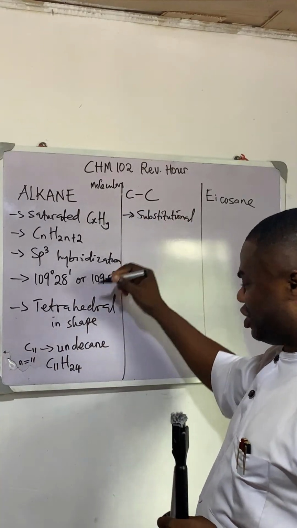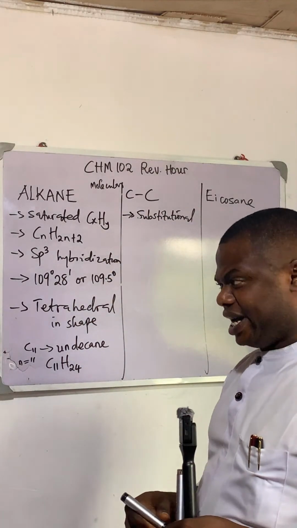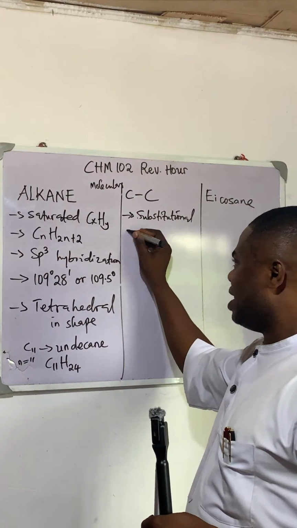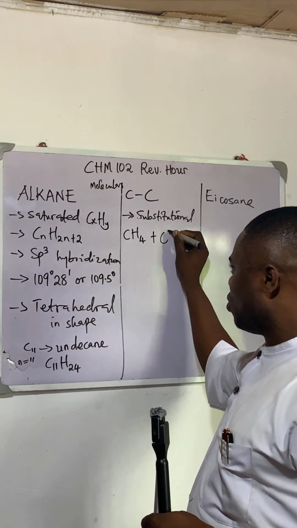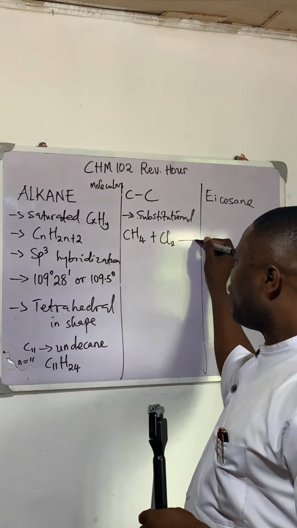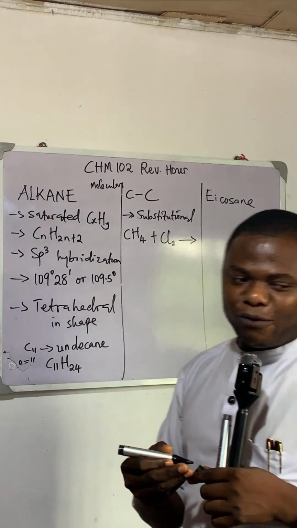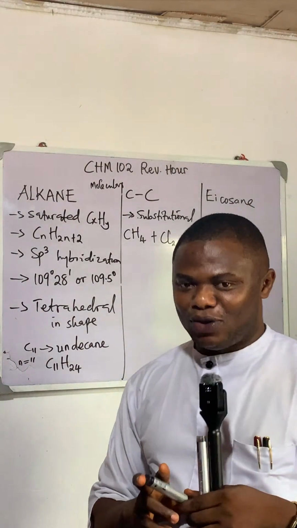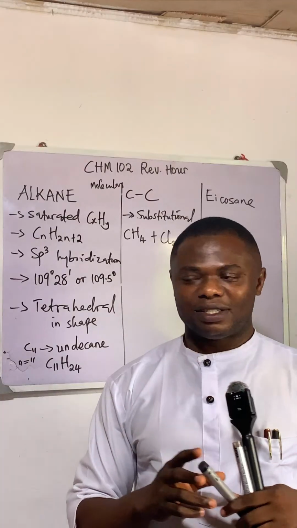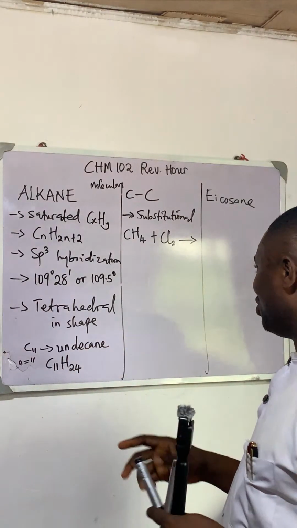So substitution reaction is the most peculiar reaction that alkanes undergo. Example, CH4 reacting with chlorine. And don't forget, just like when they say you are photogenic, it means you are not fine until they shine light on you. Are you seeing me? That is what it means. I'm sorry, I'm just joking.